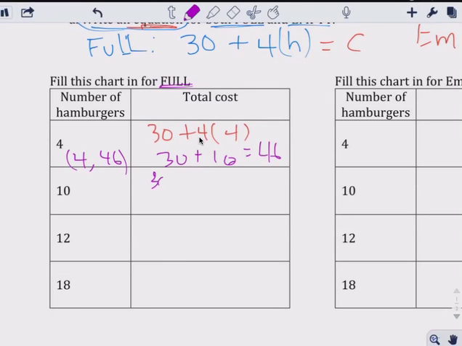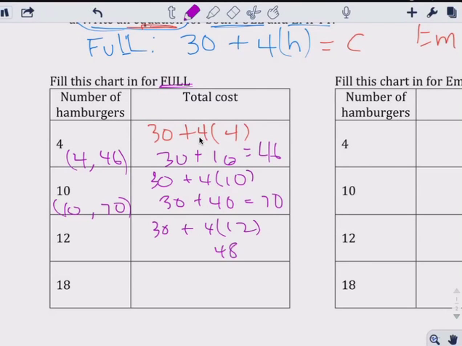Okay, 30 plus 4 times 10. 30 plus 40 is 70. So 10 and 70. The next one is 12. 30 plus 4 times 12 is 48. You always multiply first, right? 30 plus 48, that's 78. So that's 12 and 78.